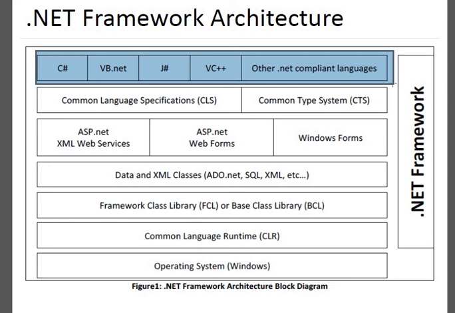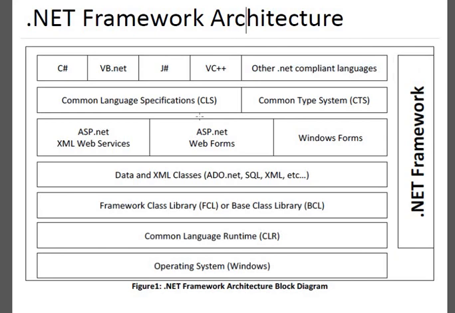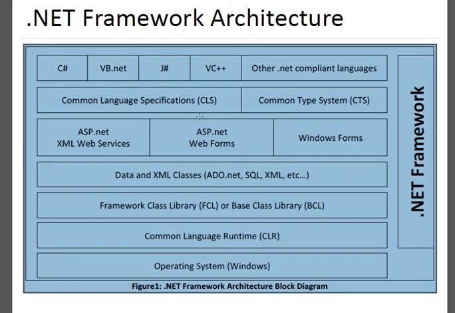So this is the concept of .NET framework architecture, and it's the entire .NET framework architecture. With the help of that, you can develop your .NET application in Microsoft Visual Studio.